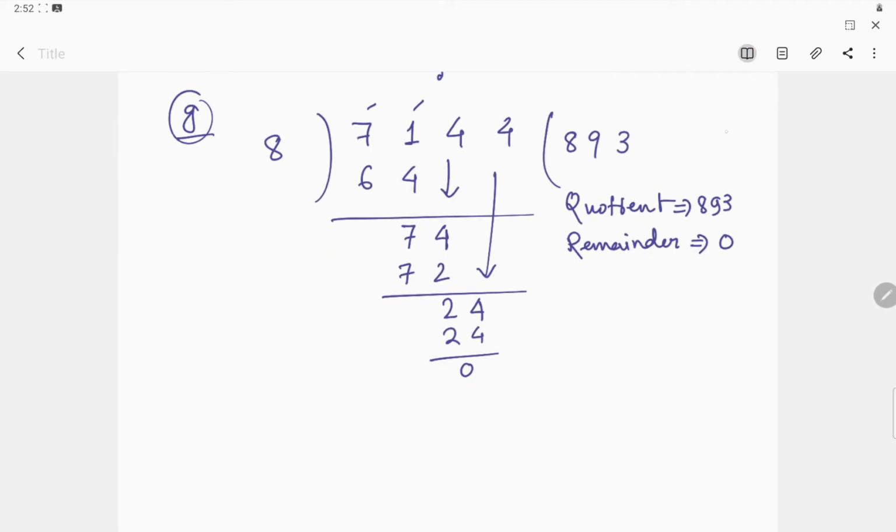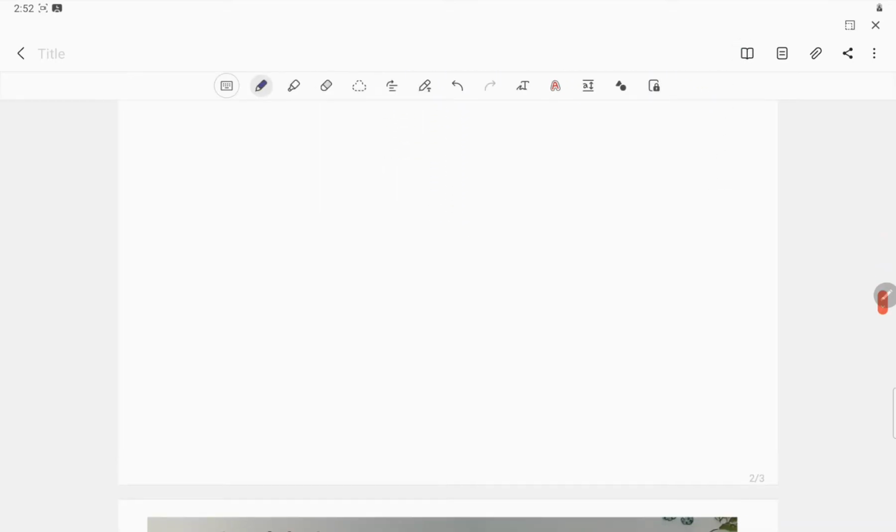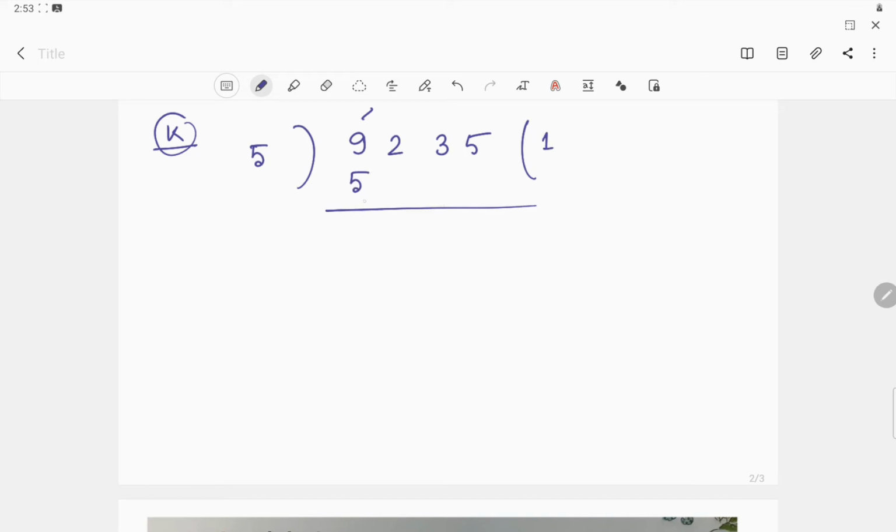So now the next problem, K number problem, is 9235. At first you have to take 9. 1 5 is 5, which is the nearest to 9. So 9 minus 5 is 4. Now bring down 2. 8 5s are 40. Now bring down 3. 4 5s are 20.